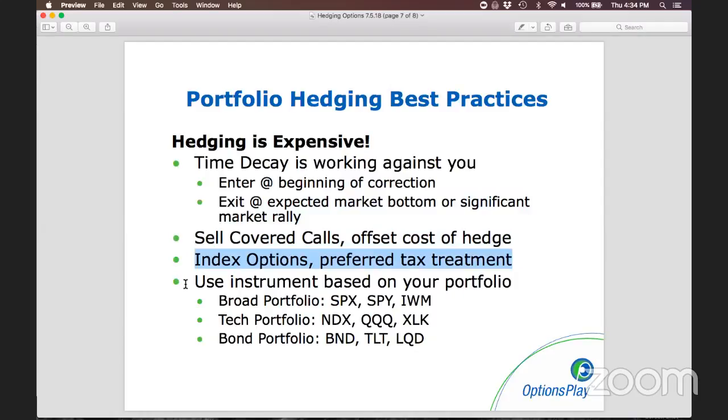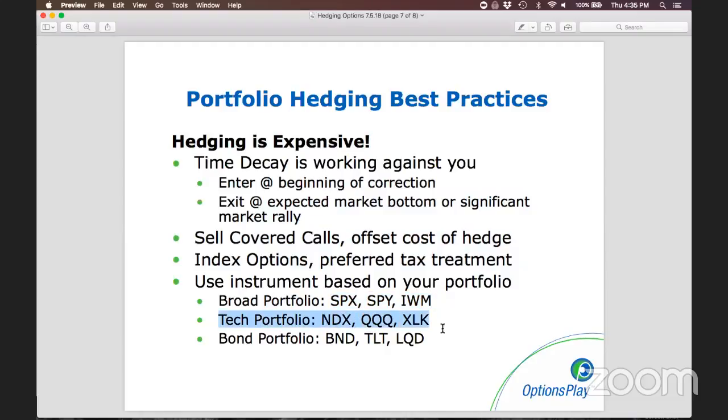And lastly, when you're using hedges, you want to make sure that you use the correct instrument. This again is by no means an exhaustive list. This is just for illustrative purposes. If you have a relatively diversified, broad portfolio, you want to use instruments like SPX, SPY, IWM, these broad-based indices that will track your portfolio and give you the best possible hedge.